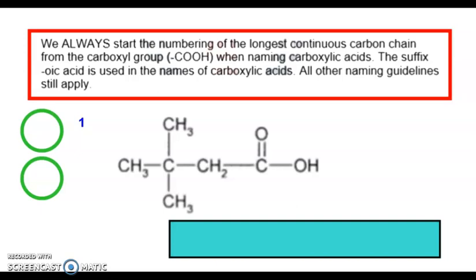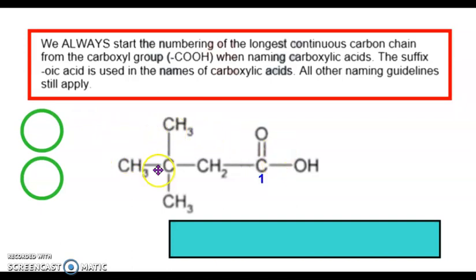So the halogen doesn't take preference. Then we went on to alcohols, and in alcohols, the OH group takes preference. So we start numbering the carbon closest to the first OH group. Now it works the same when we have branches and the carboxyl group. So as I told you, the carboxyl group will take preference and we will make that carbon 1.